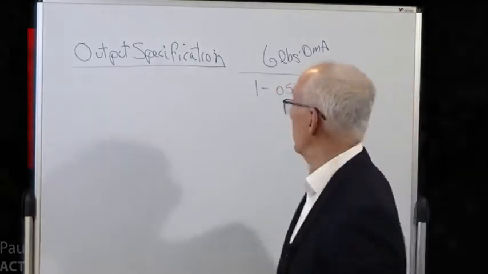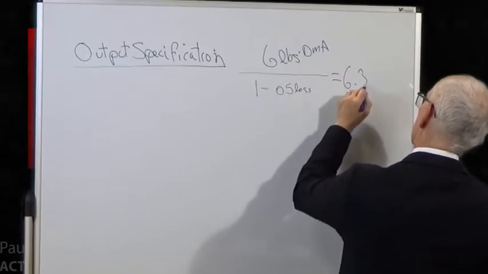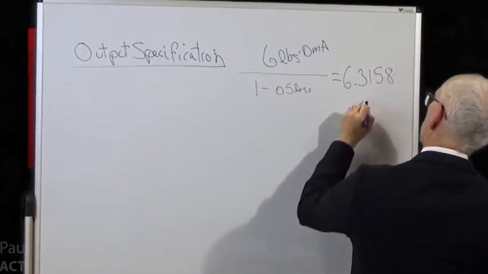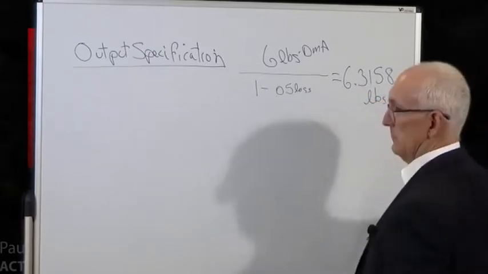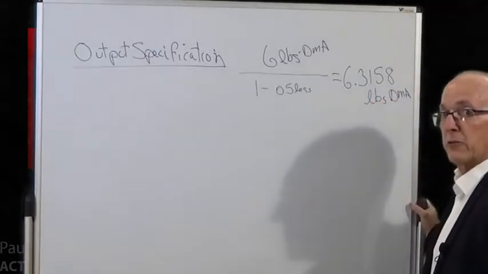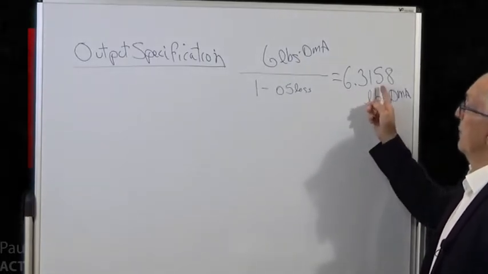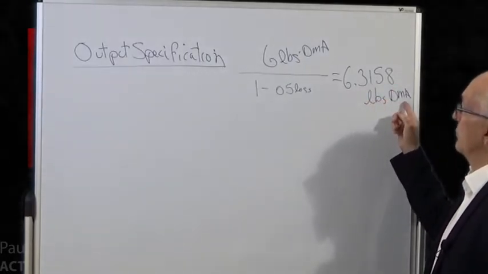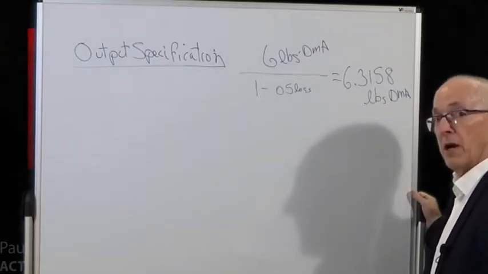So if we do the arithmetic here, this is what we actually have to put down as the standard quantity: 6.3158 pounds of direct material A per 5-gallon container of quick kill.